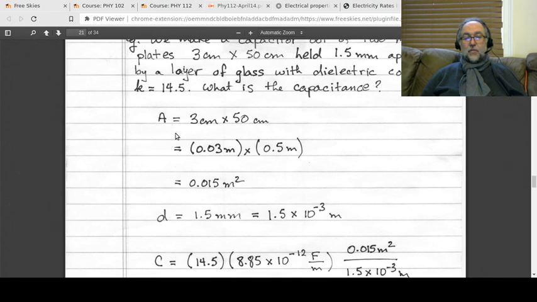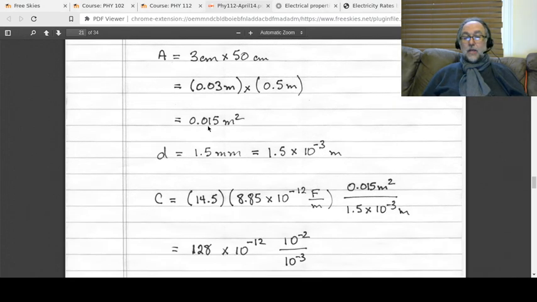We're going to need the area of the plates from that formula, and that's 3 centimeters by 50 centimeters, length times width. Convert to meters, so that's 0.03 meters times 0.5 meters gives you 0.015 meters squared. There's the area. The distance between the two plates is 1.5 millimeters, but convert to meters, and a millimeter is a thousandth of a meter, so 10 to the minus 3.